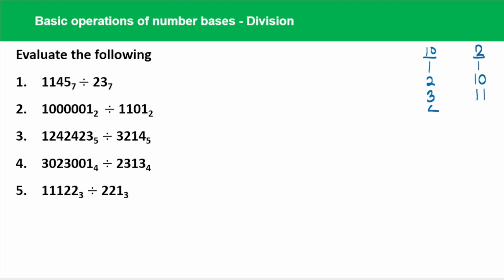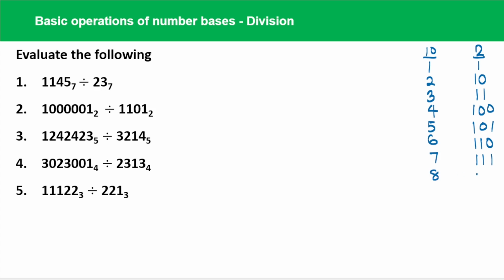Then 4 will be 2 divided by 4, that will be 1 0 0. Then 5 in base 10, that will be 1 0 1. 6 in base 10, that will be 1 1 0. 7 in base 10, that will be 1 1 1.